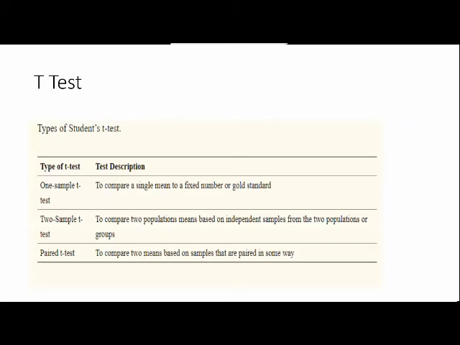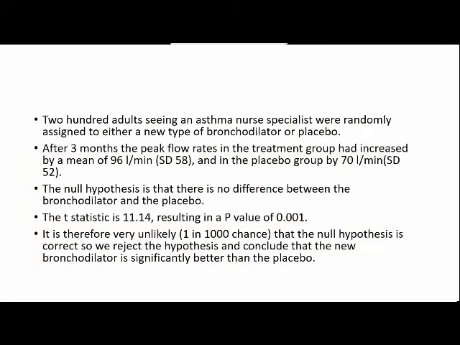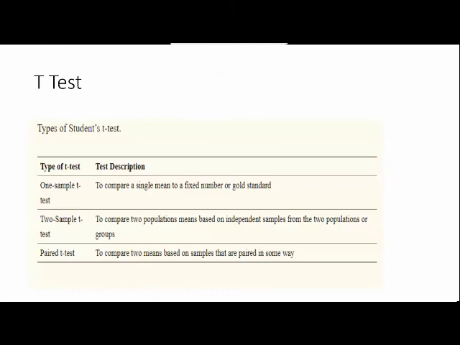Can you give me an example of a two sample t-test and a paired t-test? Mean creatinine before and after PUV fulguration.